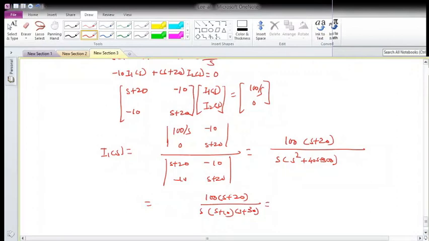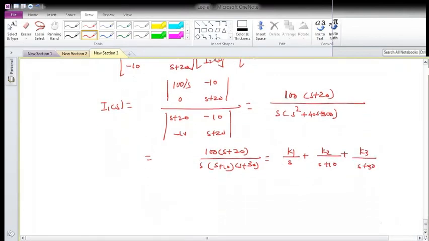I'll use partial fractions because the order of the numerator is now less than the order of the denominator. So it is k1/s + k2/(s + 10) + k3/(s + 30), and then I will find k1, k2, k3.